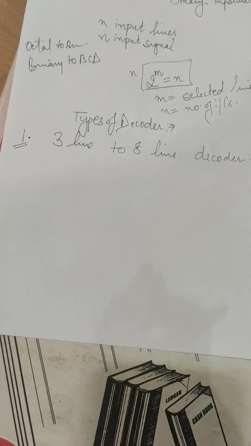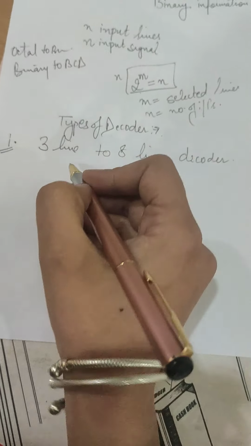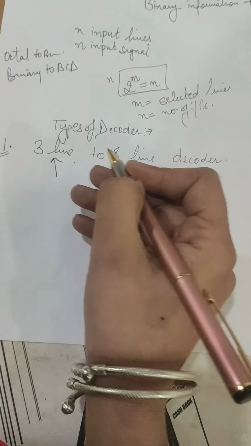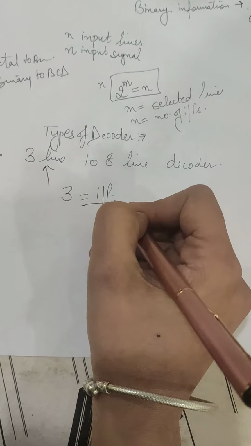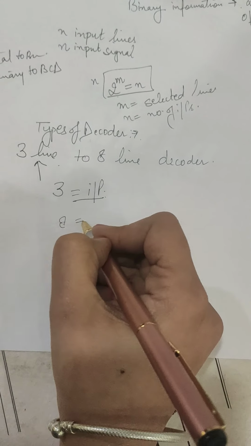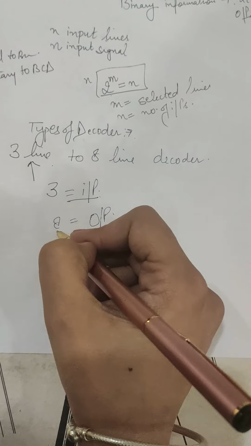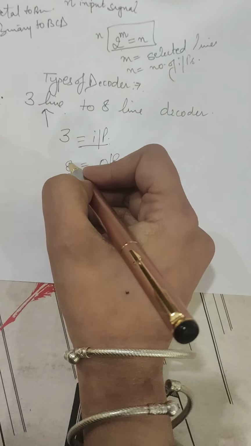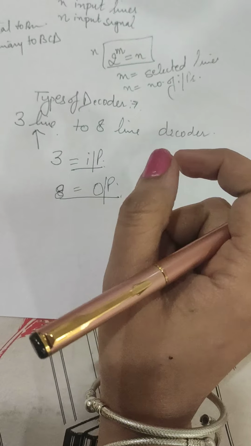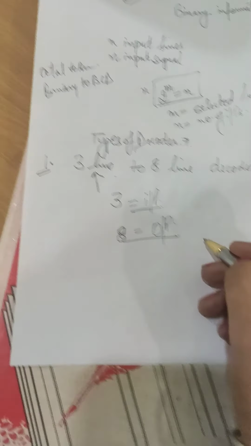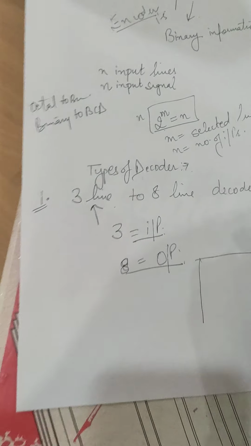In the 3-line to 8-line decoder, 3 is the number of inputs and 8 is the number of outputs, so there is no need to find the selected lines. We only need to do the functional diagram.